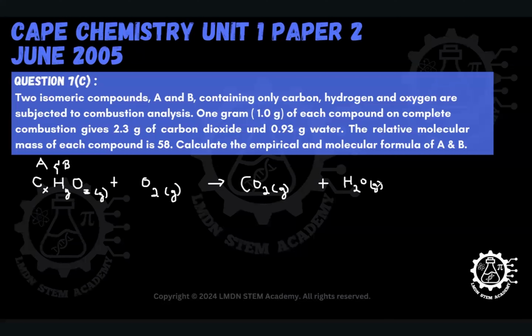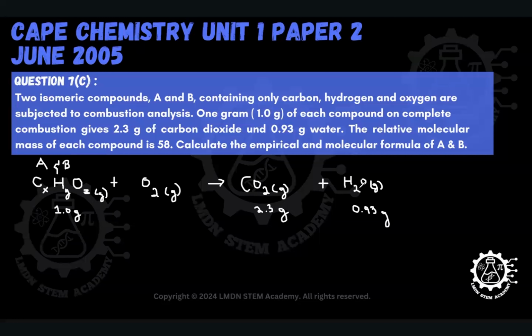All right, so here we are now. Let's write all the information that they gave us. As a result of the combustion of these isomeric compounds, we would be combusting 1 gram of each, and as a result of that combustion, we would get 2.3 grams of carbon dioxide and 0.93 grams of water.